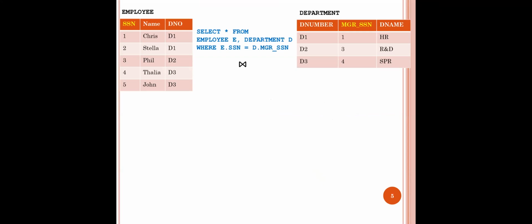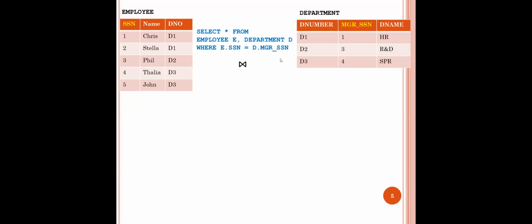Let's see another example. In this example, I'm searching for those employees being managers. So in that case, I am choosing the foreign key in this join selection to correspond to the manager social security number attribute of the relation department, and the primary key to be the social security number, because I would like to retrieve only the managers of the departments.